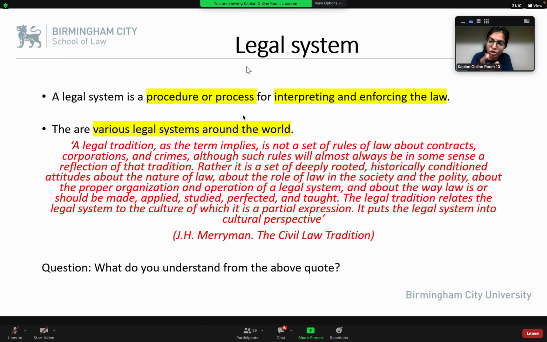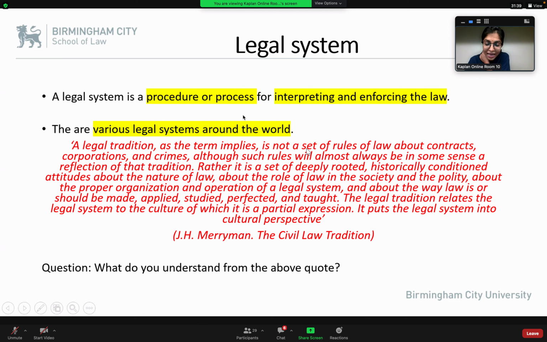There's a cultural influence. There's not only a cultural influence, the society's role is also important. So that's why we use the term legal tradition. Now you understand why sometimes in books they use legal tradition.